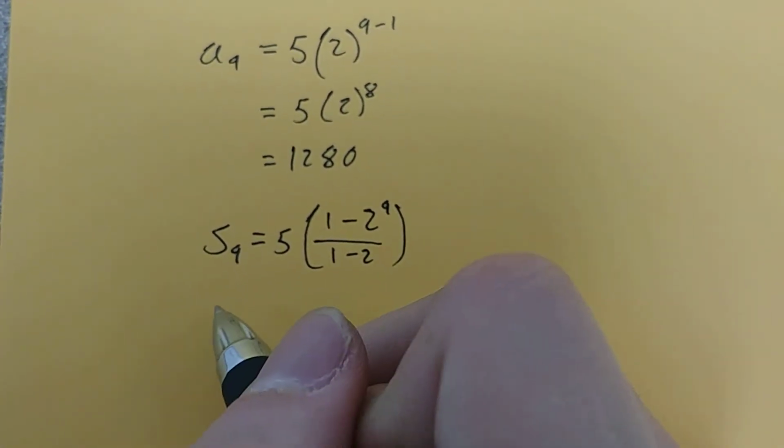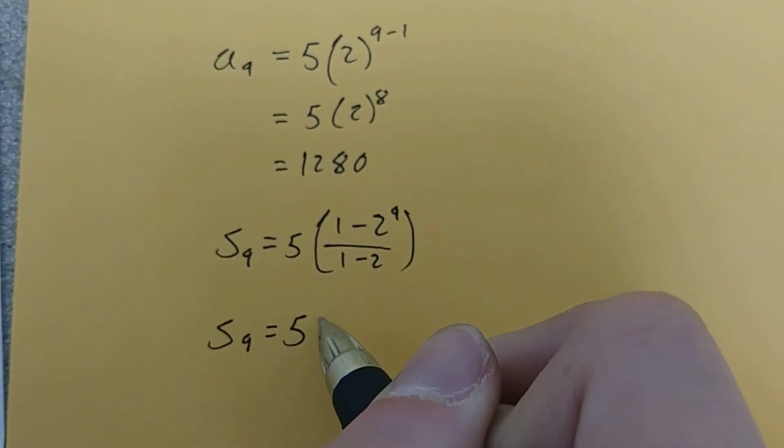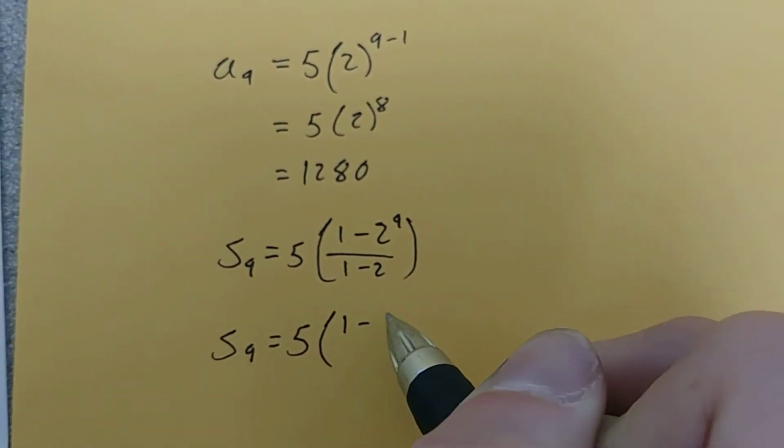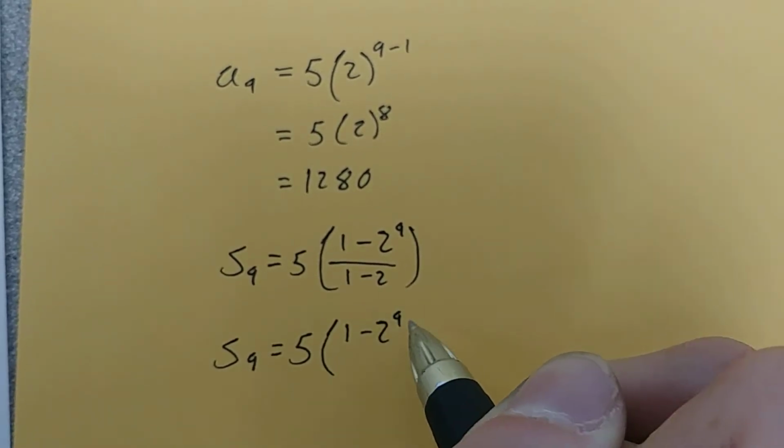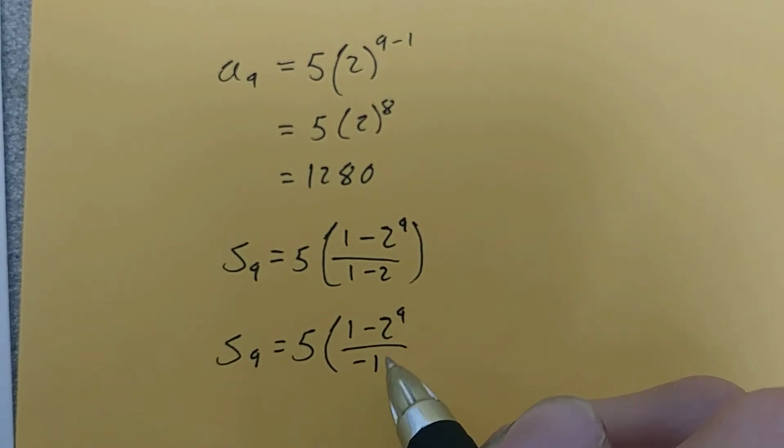So let me simplify this before putting it into the calculator. S sub 9 is equal to 5 multiplied by 1 minus 2 to the 9th, and that divided by 1 minus 2, that's negative 1.